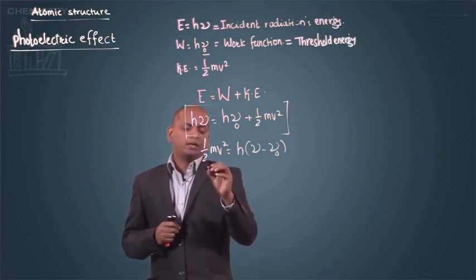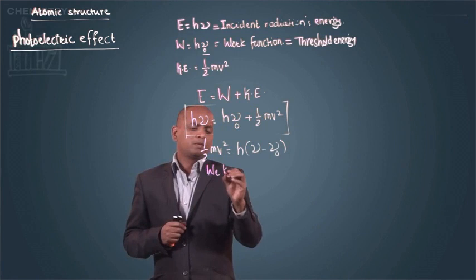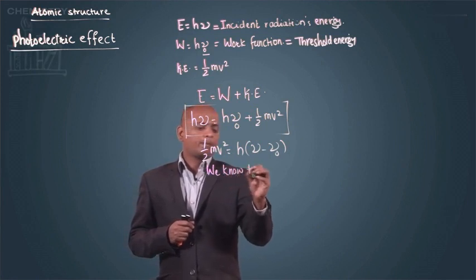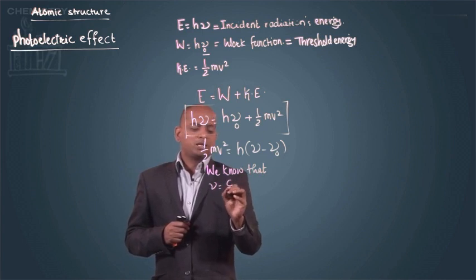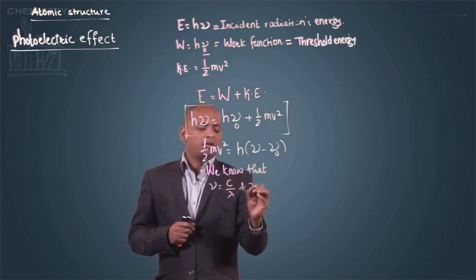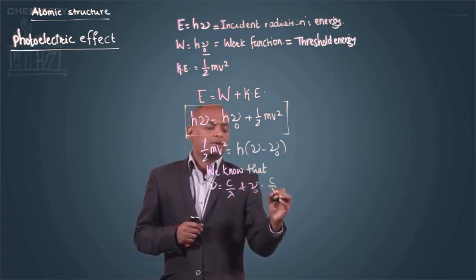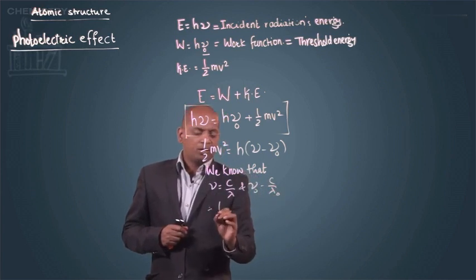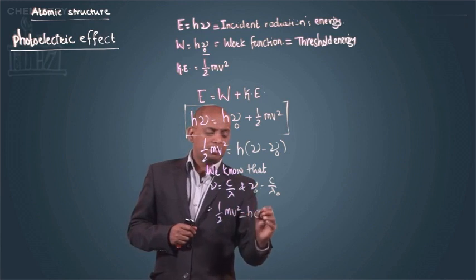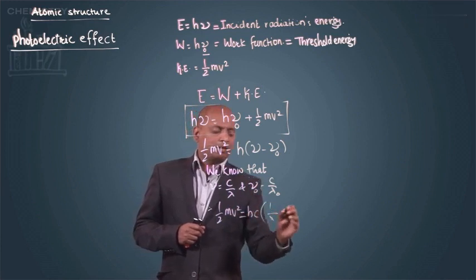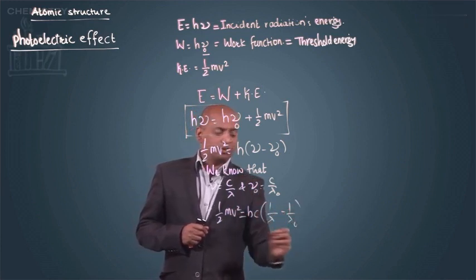Now we know that nu is equal to c upon lambda and nu 0 is equal to c upon lambda 0. Therefore, half m v square is equal to h c into (1 upon lambda minus 1 upon lambda 0).